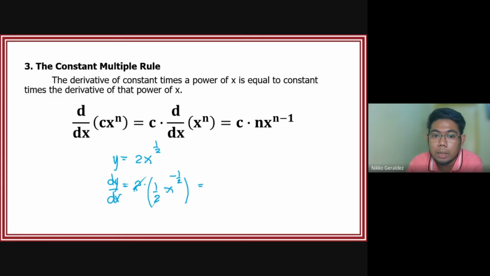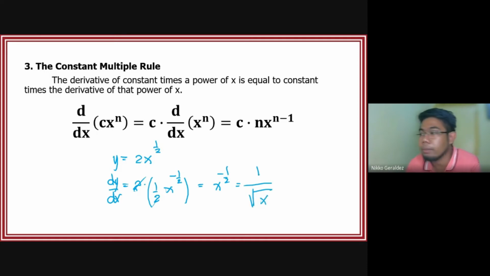So you have x raised to negative 1 half, or that is equivalent to 1 over the square root of x. You just move it down to make the exponent positive, and x raised to 1 half is the square root of x.